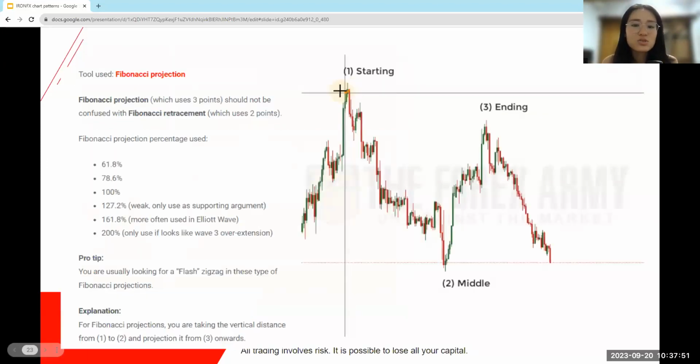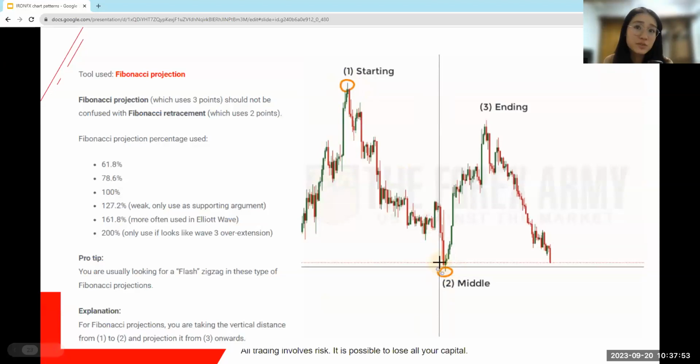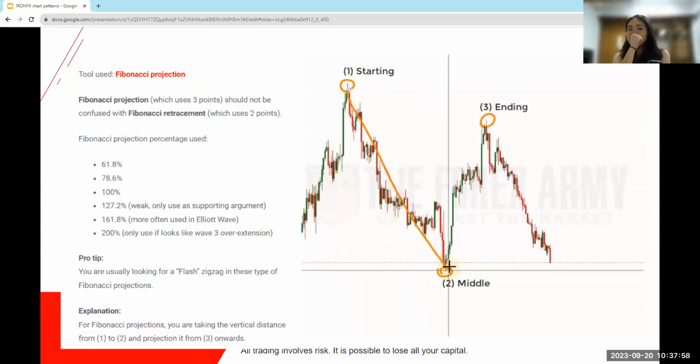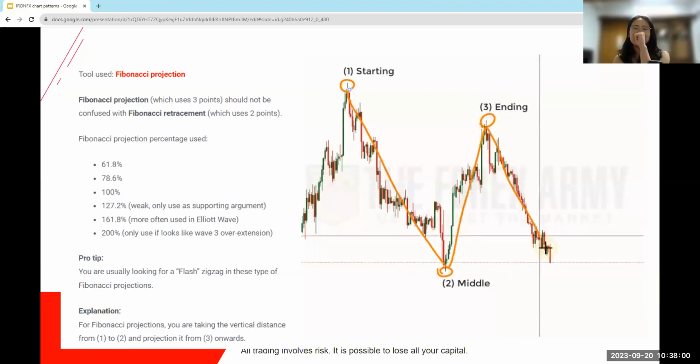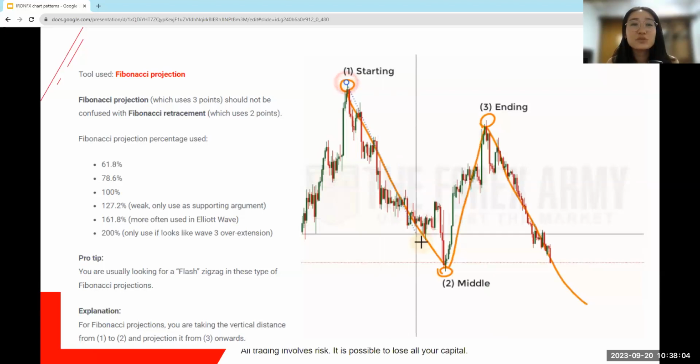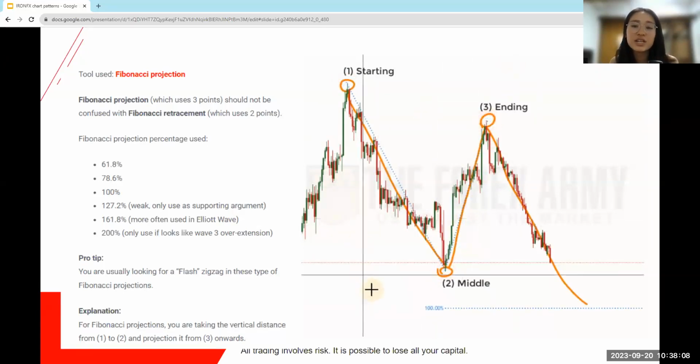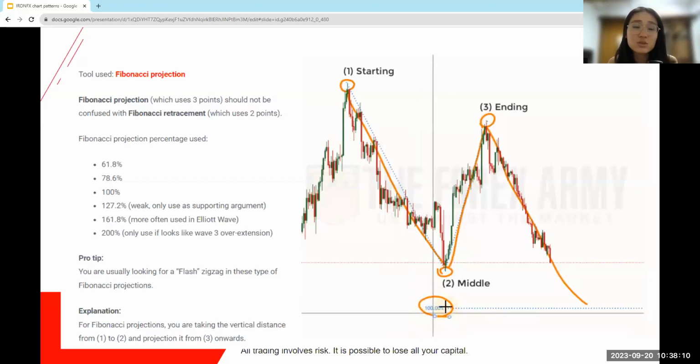Okay, let's move on. So next we have the Fibonacci projection, and this tool on MT4 is actually the Fibonacci extension tool.